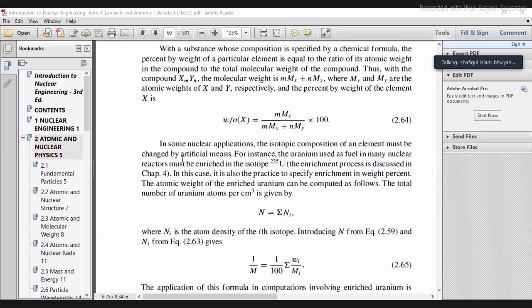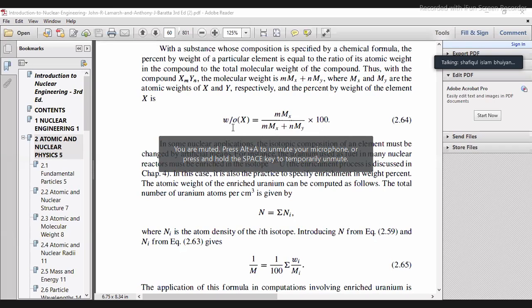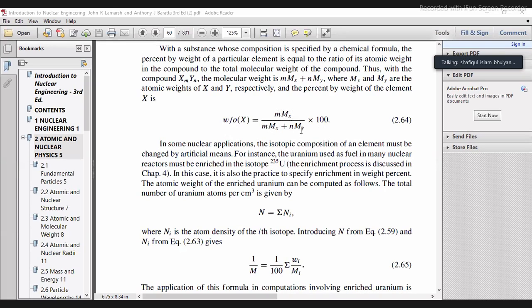But anyway, for a substance whose composition is specified by the chemical formula, say a compound X_m Y_n, the weight percent of X is m Mx over (m Mx plus n My) multiplied by 100, and similarly for Y. This is the way we calculate the percent weight of elements X and Y; you will use this formula.